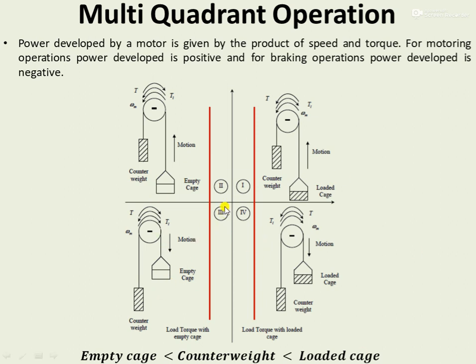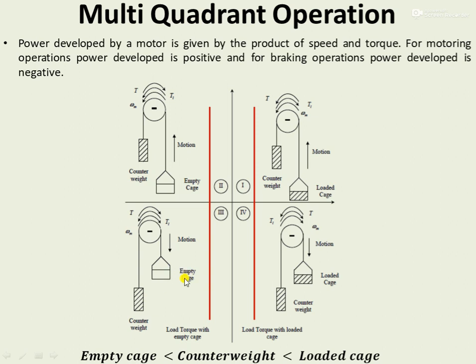As you can see, in this third quadrant, both the torque as well as speed have negative sign. Since the speed is negative, it indicates the downward motion of the cage. This can be explained with the help of a counterweight and an empty cage in the hoist system.